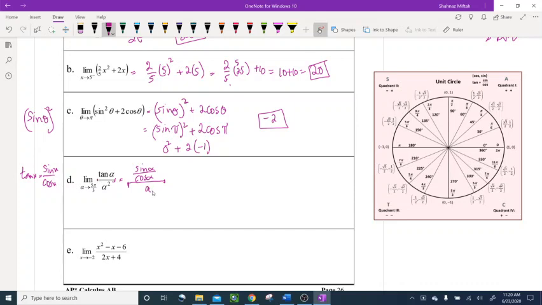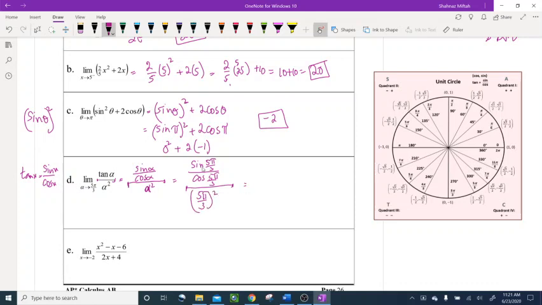I think it's alpha squared, sorry. Now let's do direct substitution. I have sine 5 pi over 3 over cosine 5 pi over 3, and the big fraction is right there, and it's 5 pi over 3 whole squared.